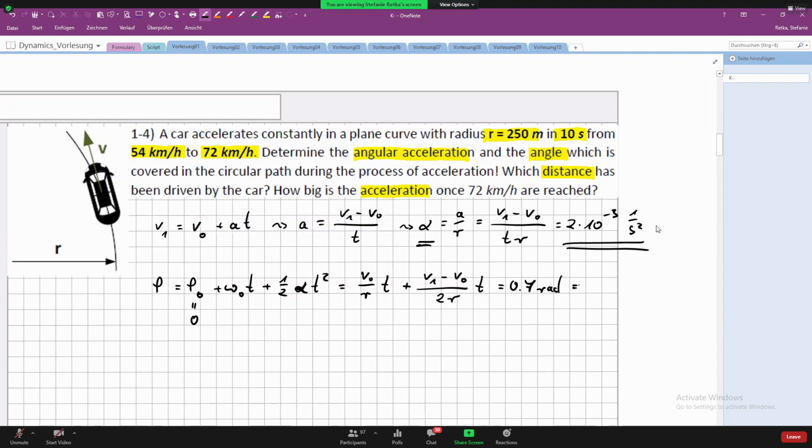Converted to degrees, it's 40.1 degrees. So the car has covered an angle of 40.1 degrees.